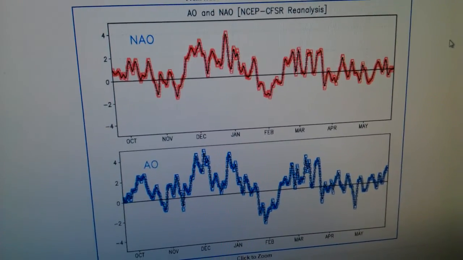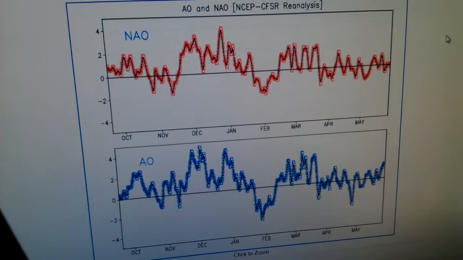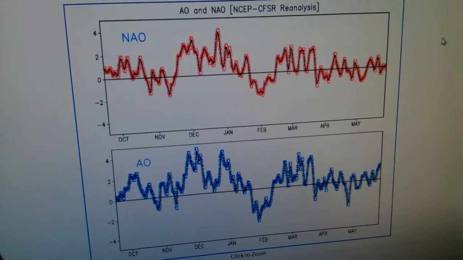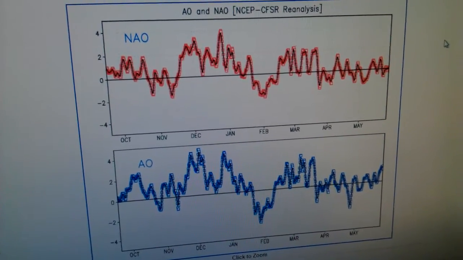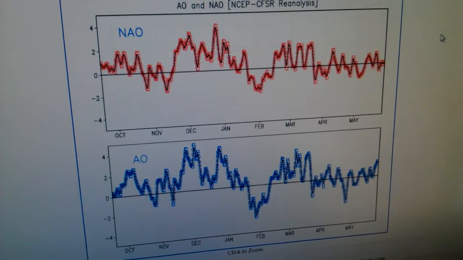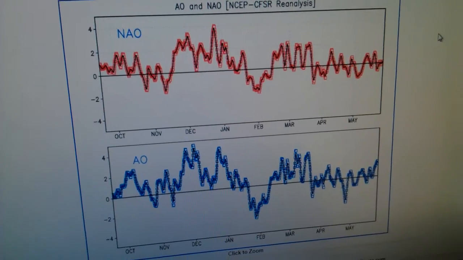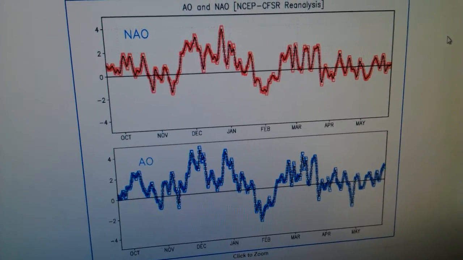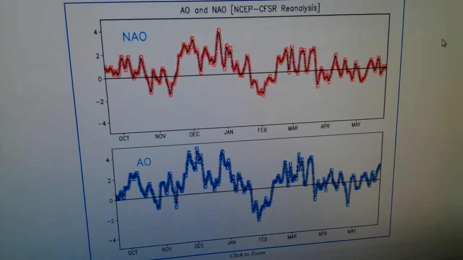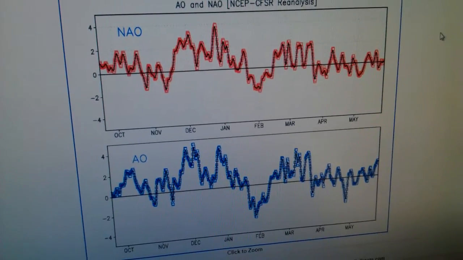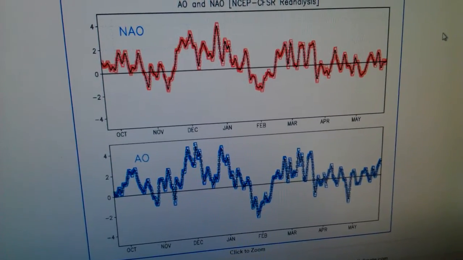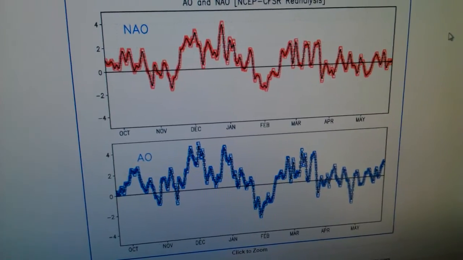In fact, it was after the 20th of January that we started to see a return to colder conditions. Well, I say a return to colder conditions. In fact, the winter really wasn't cold at all. But certainly in the latter part of the winter, we saw that cold spell, both over England in particular, and remember back across parts of Europe as well, we saw a tremendous Arctic outbreak.